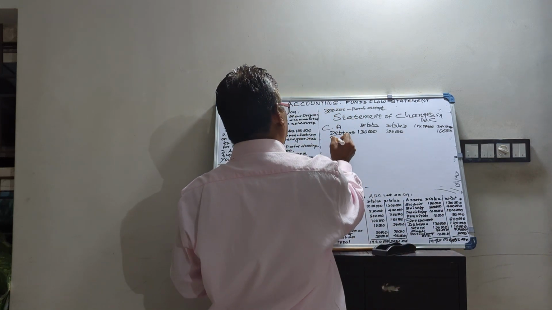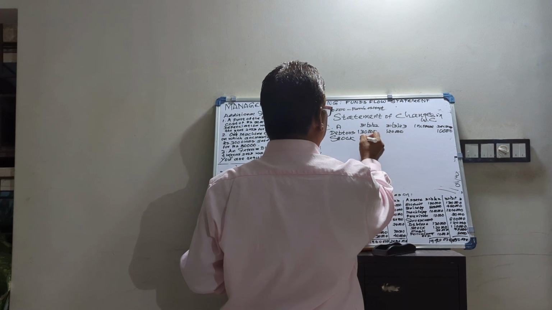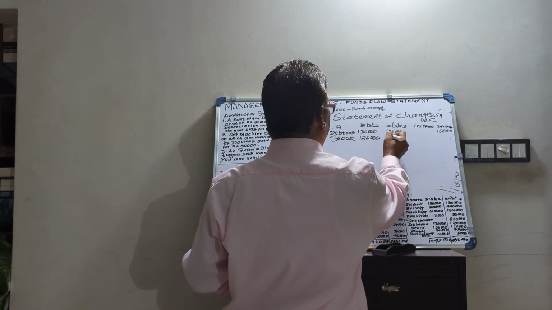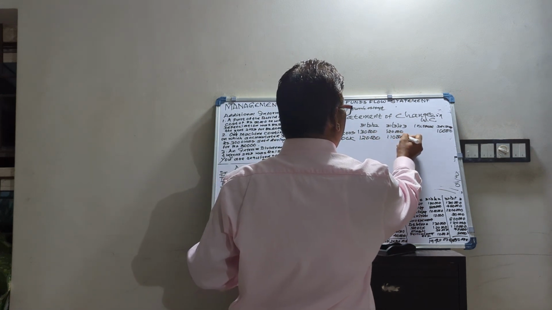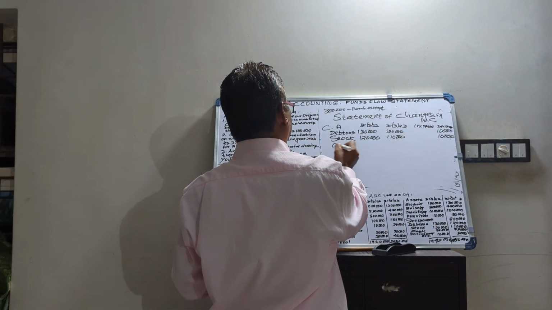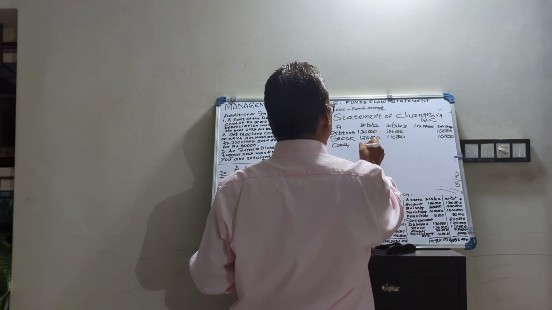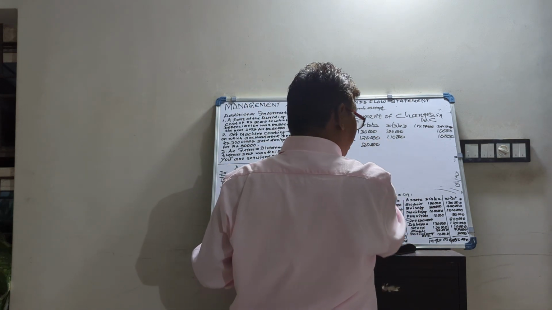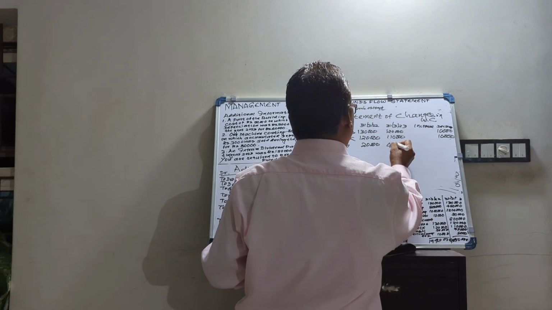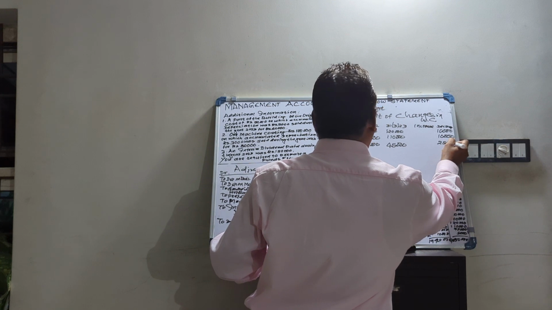Then stock, it was 1,20,000, at closing it is 1,10,000, so the decrease is 10,000. Then cash, beginning was 20,000 and at the end it is 45,000, that is an increase of 25,000.